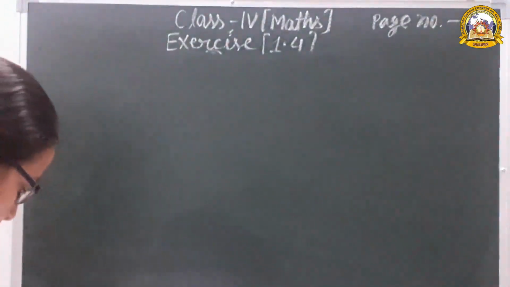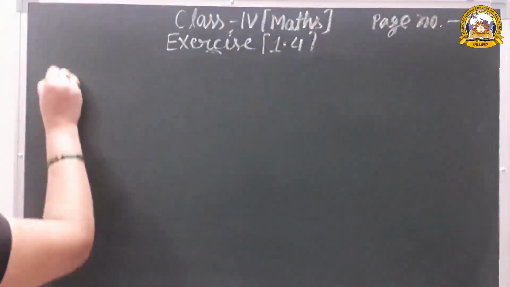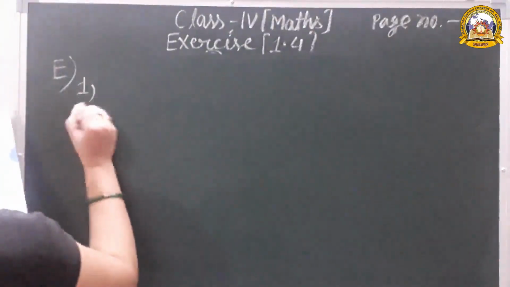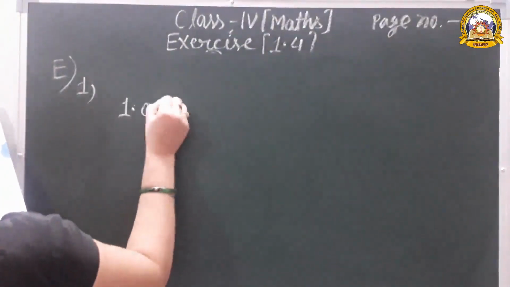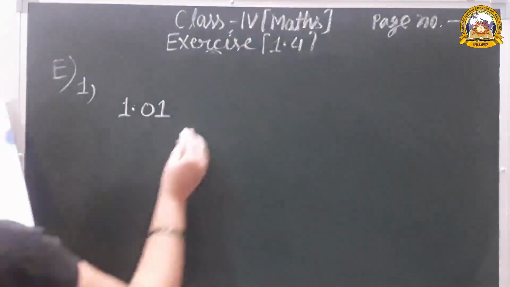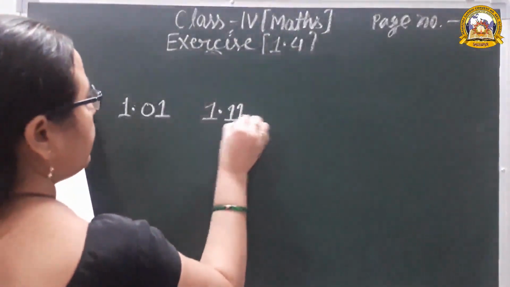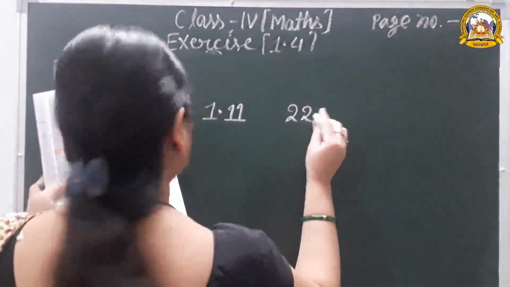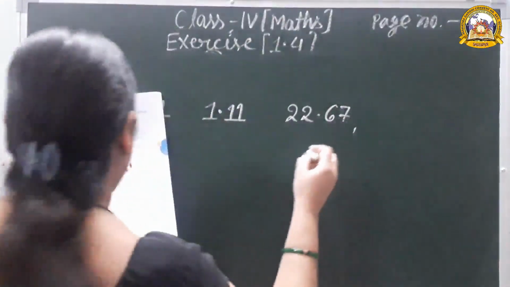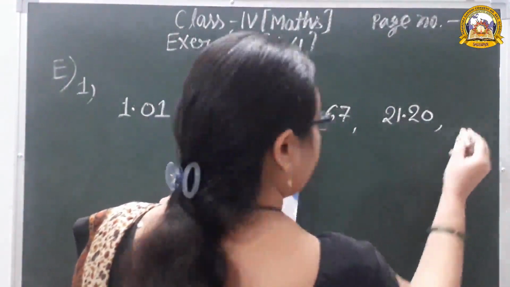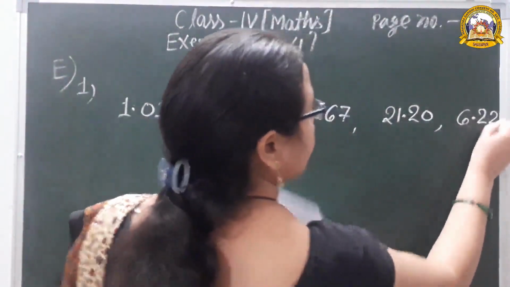Okay, so in question number 5, the numbers are 1.01, 1.11, 22.67, 21.20 and 6.22.